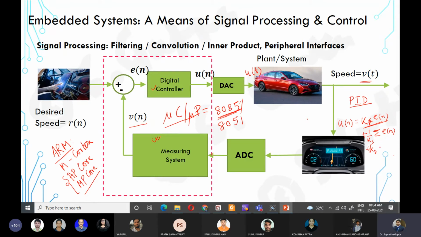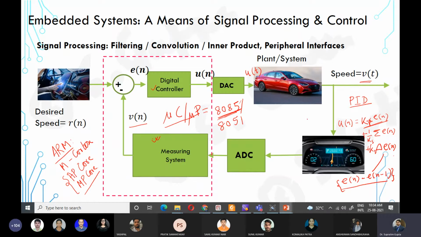Let me see. So delta En, which is nothing but En minus En minus 1. Here what we are finding is only following the arithmetic operations.